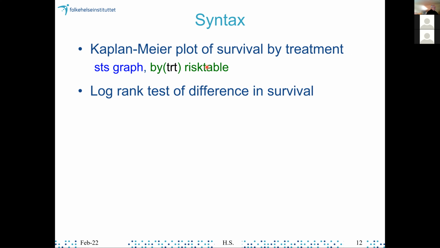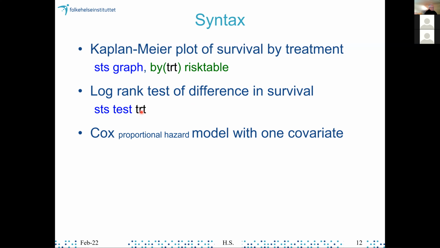We want to know if the treated and untreated have different survival, so we can do a log rank test. That's called sts test treatment. We would like to do a Cox model with one covariate, and that's simply stcox, putting in the treatment variable as our exposure. Notice that we don't need to specify the outcome variables. That's already specified in the stset command.